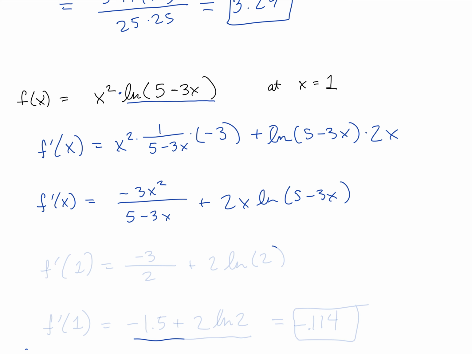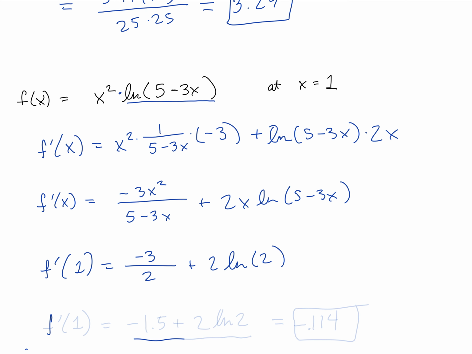So plugging in, f prime of 1, that's going to give us negative 3 times 1 squared, negative 3 over 5 minus 3, that's 2, plus 2 times 1, so just 2, times the natural log of 5 minus 3, the natural log of 2.